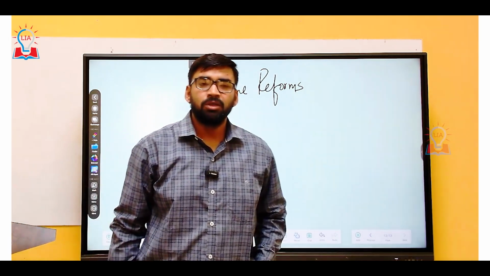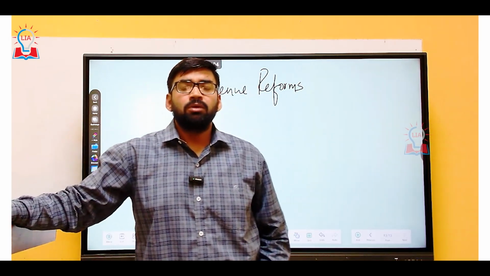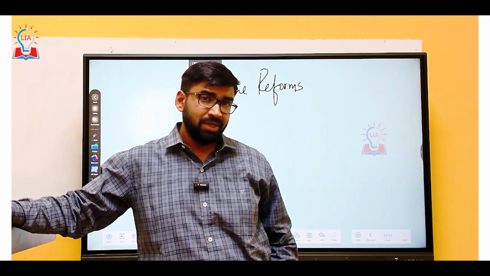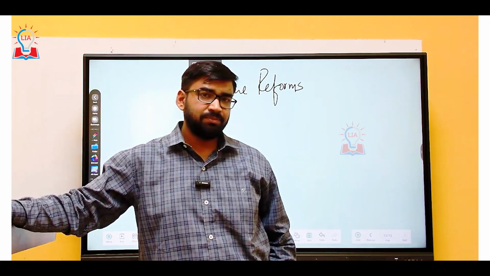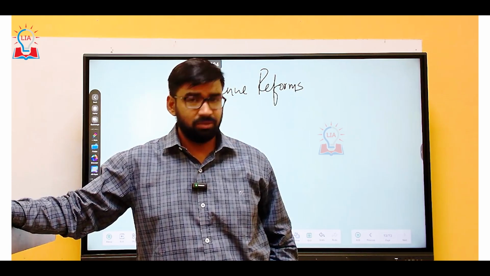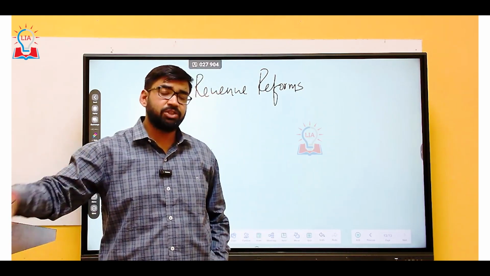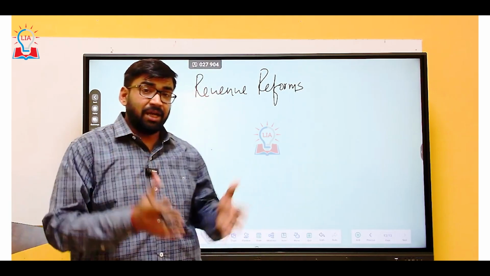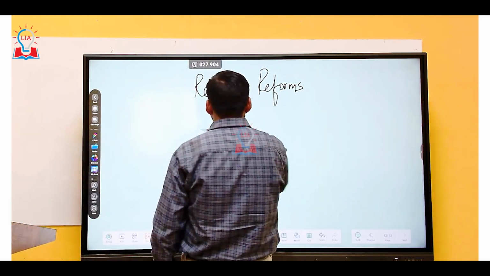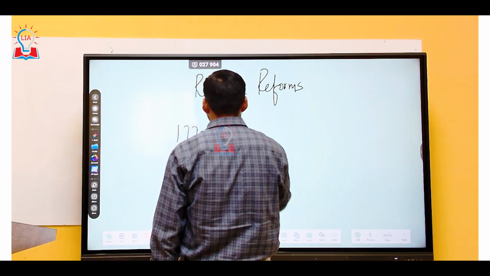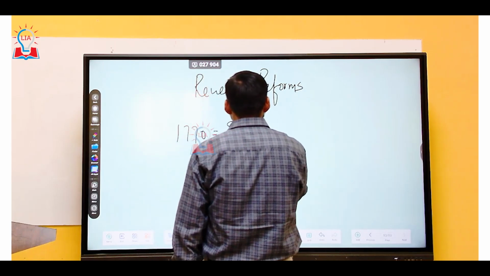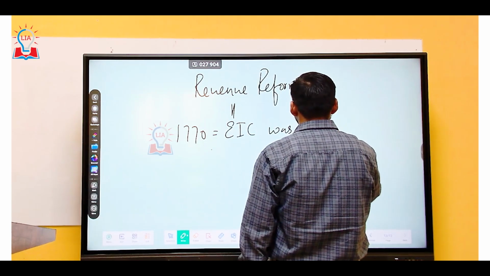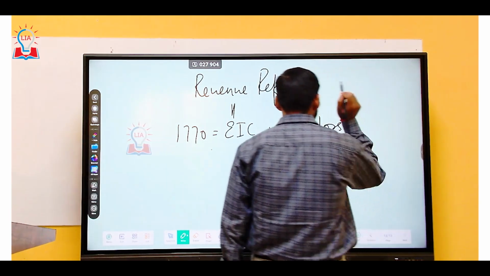So, Robert Clive created double government, as I have told you just now: Nizamat rights and Diwani rights. Diwani rights means revenue collection rights. Now, East India Company in 1770 was in loss.